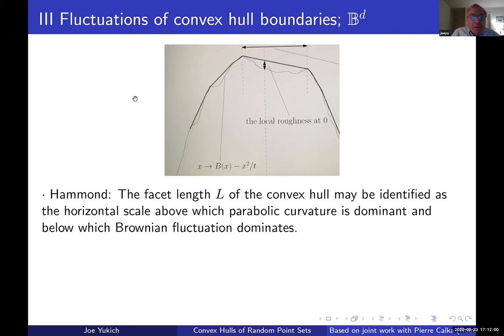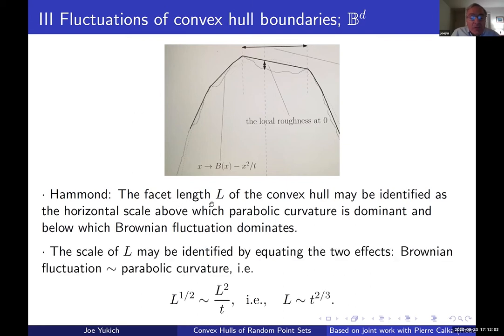That means that if one uses this heuristic, then we can find the scale of L by equating these two effects, namely the Brownian fluctuation over an interval of length L should look like L to the 1/2, whereas the parabolic curvature would be L squared over T. Equating these gives that L is behaving like T to the 2/3.